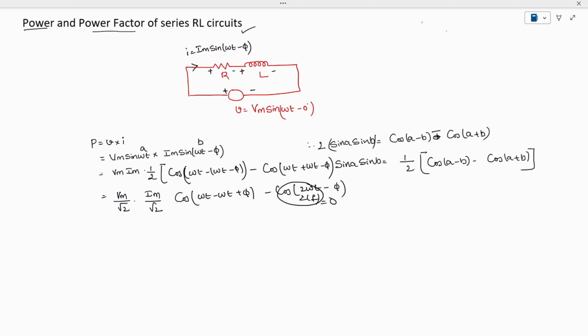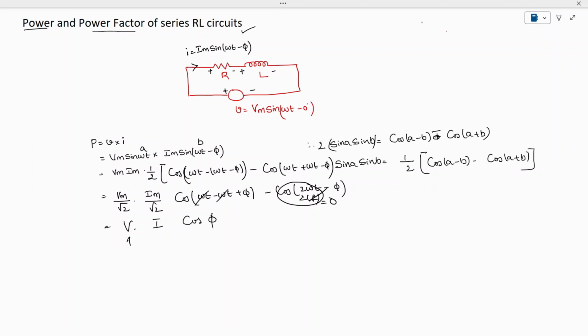Now we have only the first term, since the double-frequency term will become 0. So here Vm by root 2 we can write as capital V, and Im by root 2 as capital I, and this as cos phi.